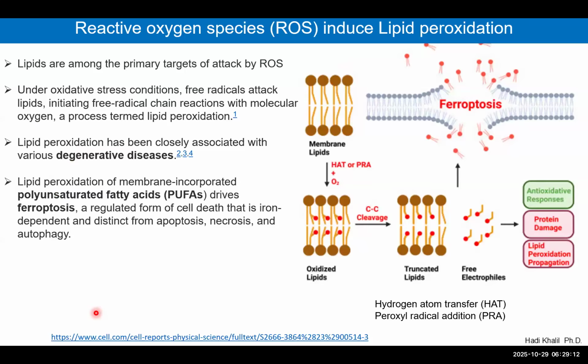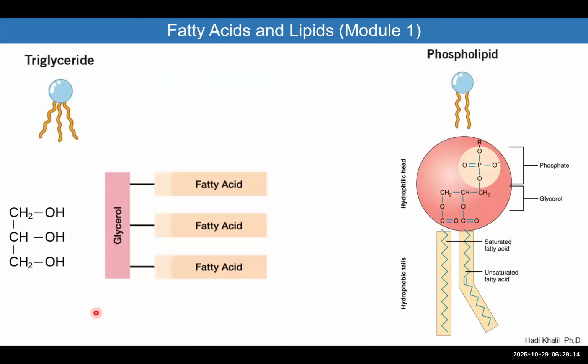So lipids, if I remind you how it looks like, these are like phospholipids of the membrane. So you remember you have a phosphate group and you have saturated and unsaturated fatty acids. And that's a triglyceride, and this is something in our blood. So we have a glycerol with 3 fatty acids attached to it.